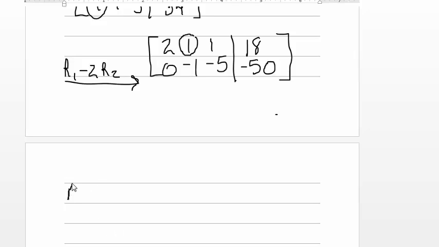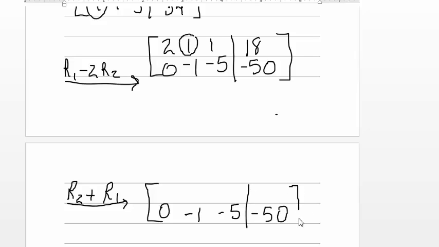Now let's get our zeros in column 2, which means row 2 is our anchor row, and we're going to add row 2 and row 1 to obtain that, and we're going to copy our anchor row 2. So 2 plus 0 is 2, 1 plus -1 is 0, 1 plus -5 is -4, 18 minus 50 is -32.